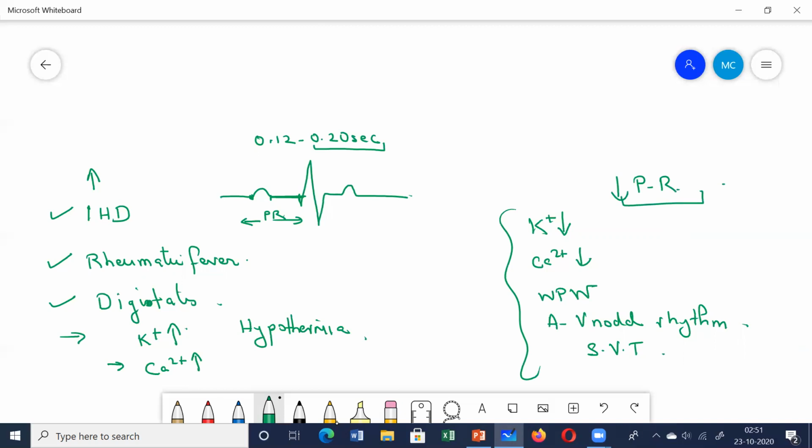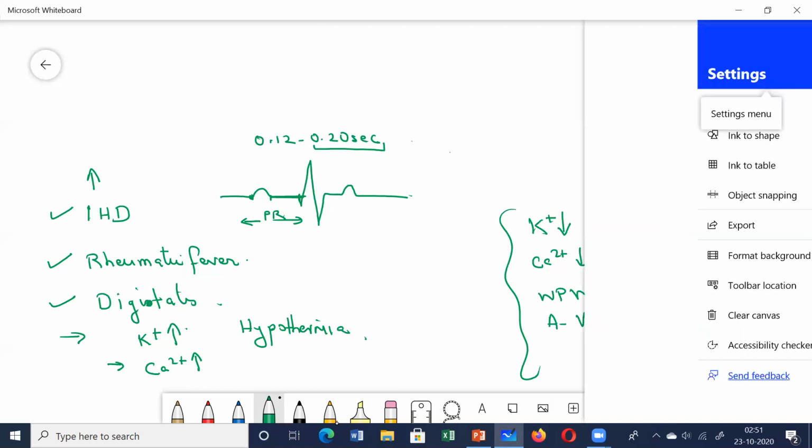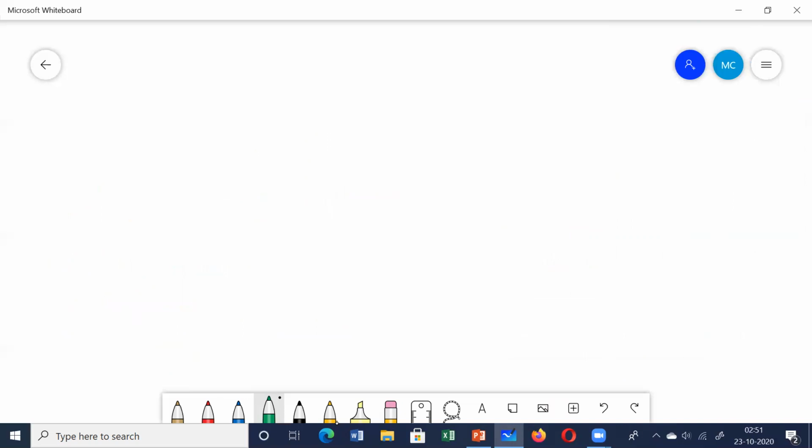Next, let us look at the QRS complex. This is your P wave, then the QRS complex.